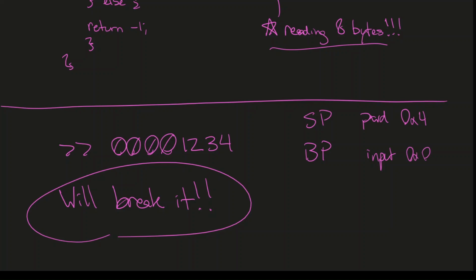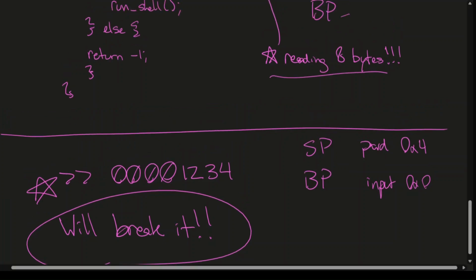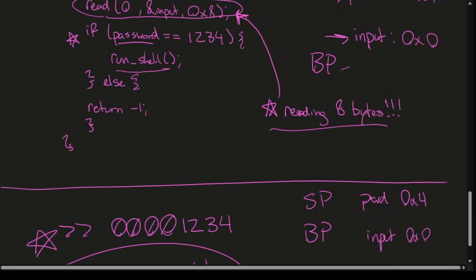Now that means you can put in 4 of any character you want, and then the next 4 characters will overwrite all of password. And so an input such as 00001234 will break it, and this will cause the shell that you want to run.